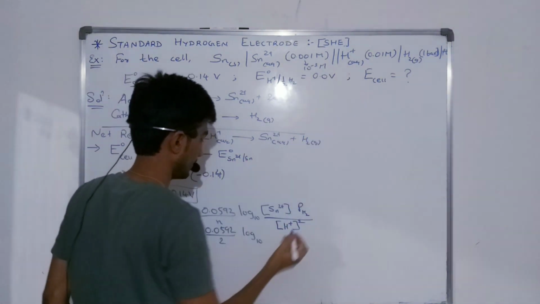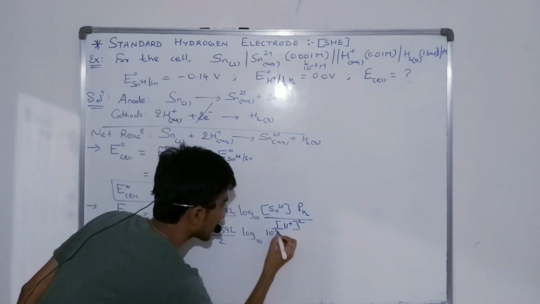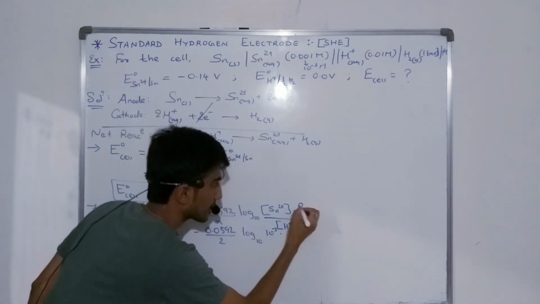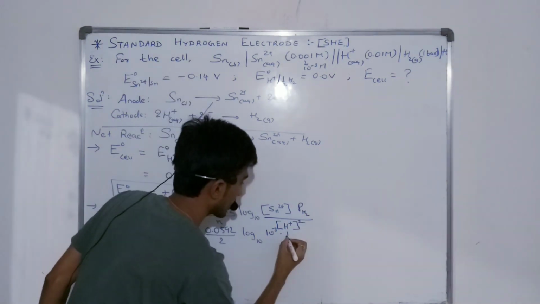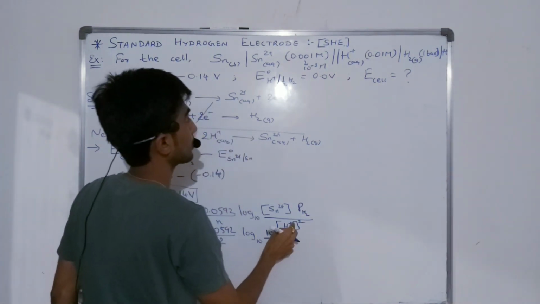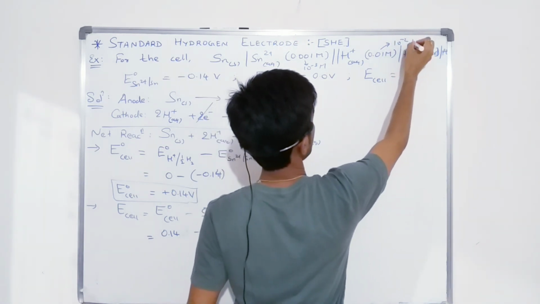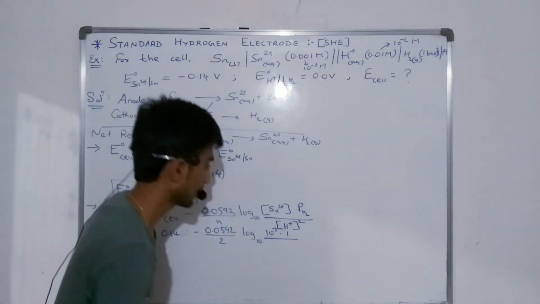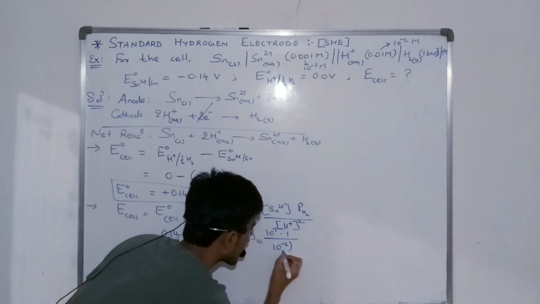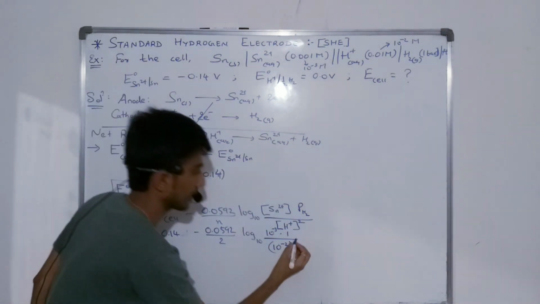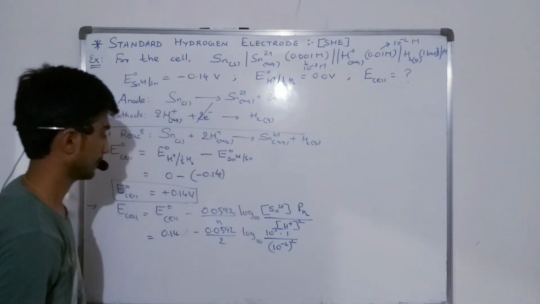Yes, we can write. So it is 10 raised to minus 3 into partial pressure of hydrogen, it is given 1 bar, upon concentration of H plus 0.01. Can we write it as 10 raised to minus 2 molar? Yes, we can write. So it is 10 raised to minus 2 whole squared. Okay.